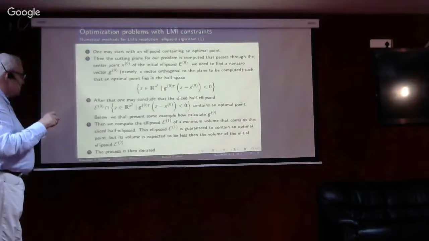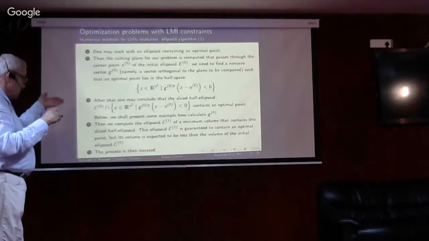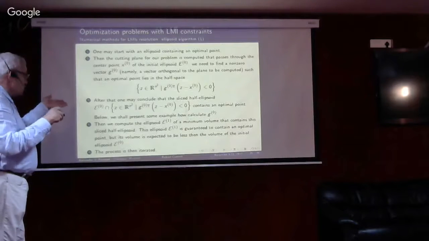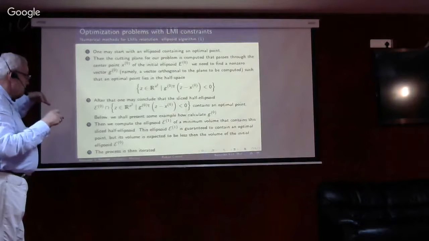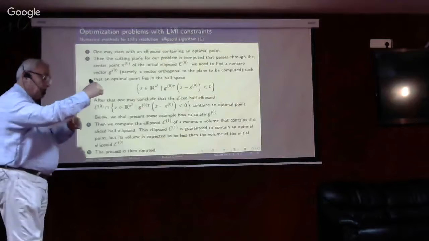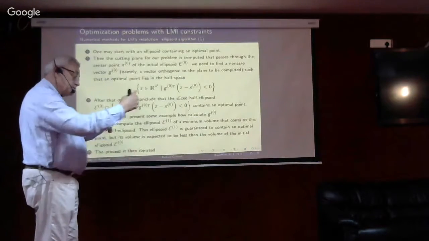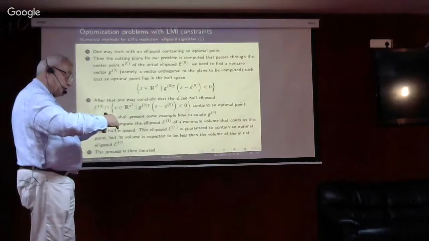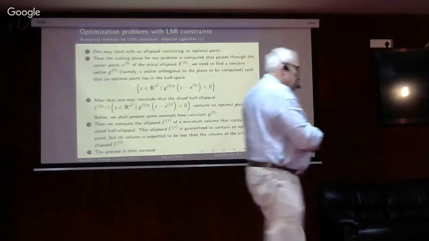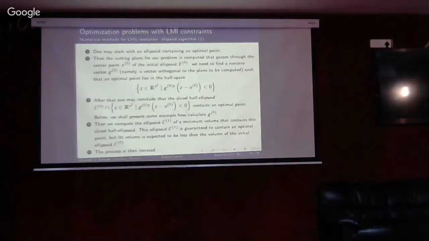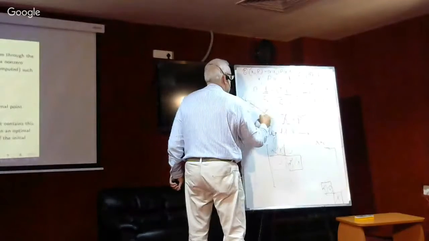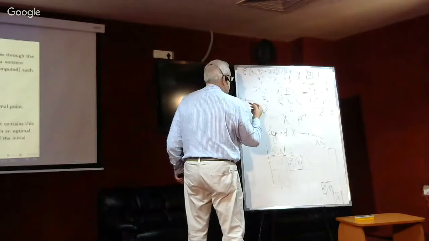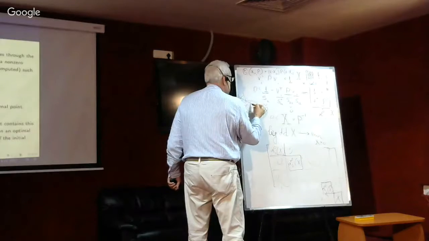What does it mean, plane? We should consider some vector G at this point 0, which satisfies this inequality. If we consider only arguments for which this is negative, it means that we are on only one side of this semi-plane. So we have the ellipsoid, then we put some plane here, and we take the other side, and we consider then this semi-ellipsoid.